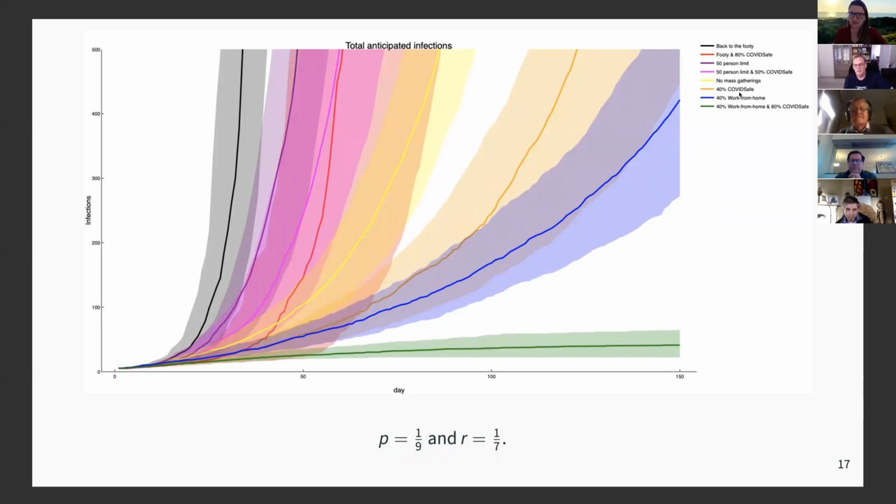I'll get to a slide at the end, watching what happens from reopening football grounds through to everyone staying at home, staying where they are. You get different outcomes. And the scale here is a linear scale of between 100 and 500 infections.